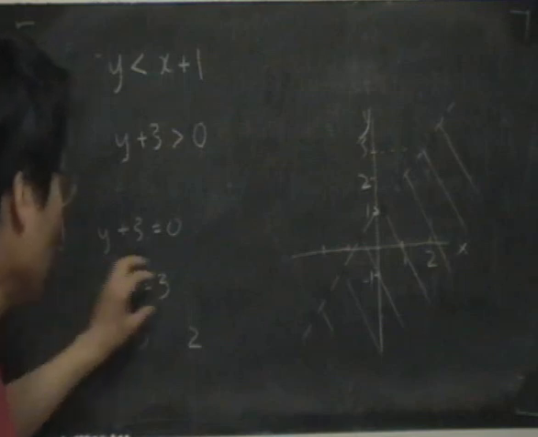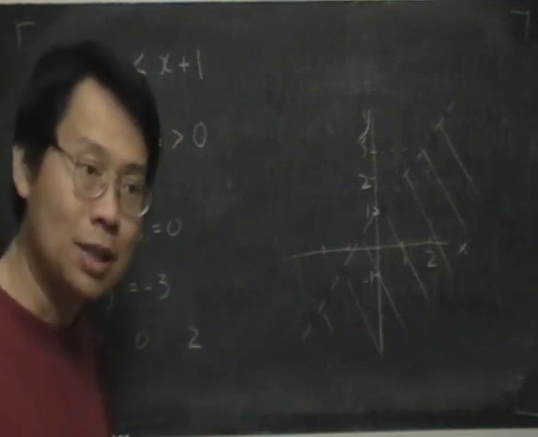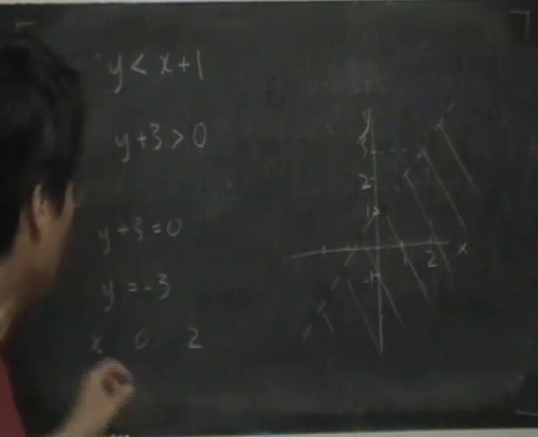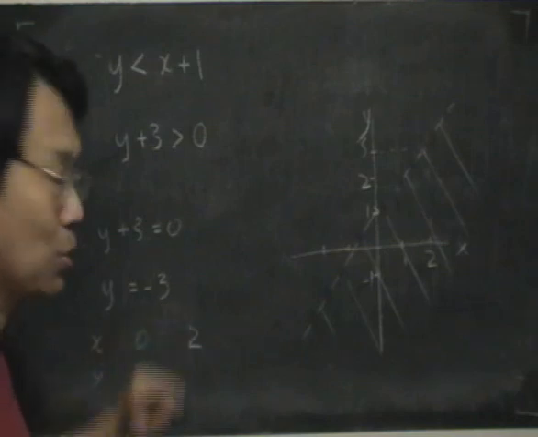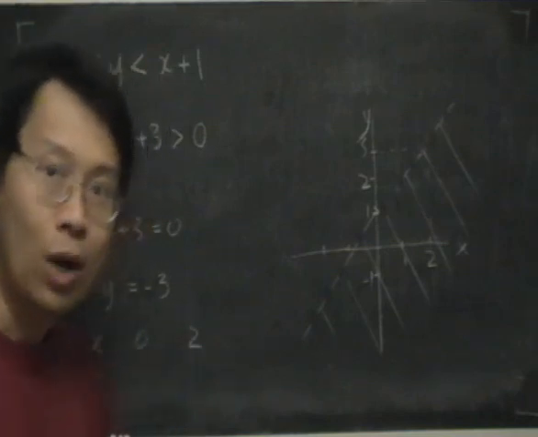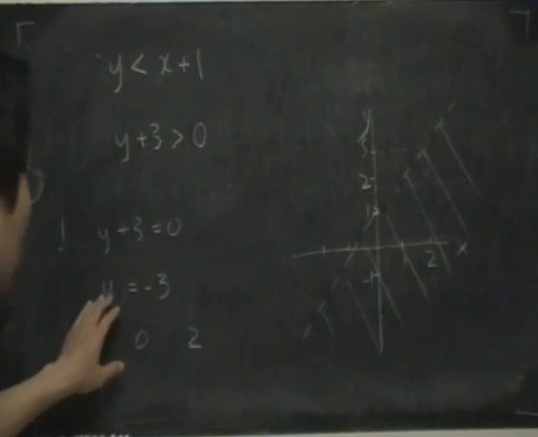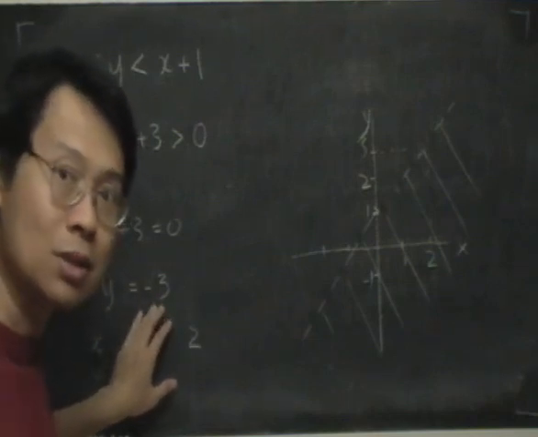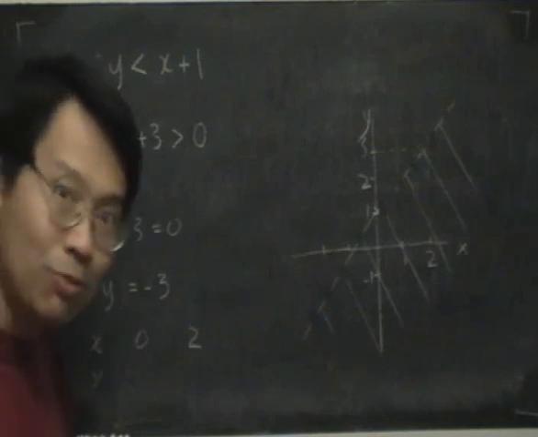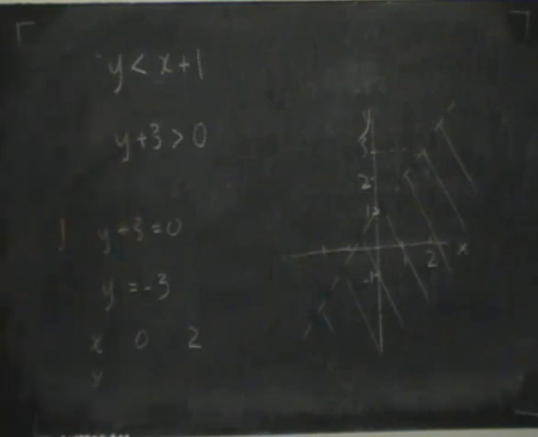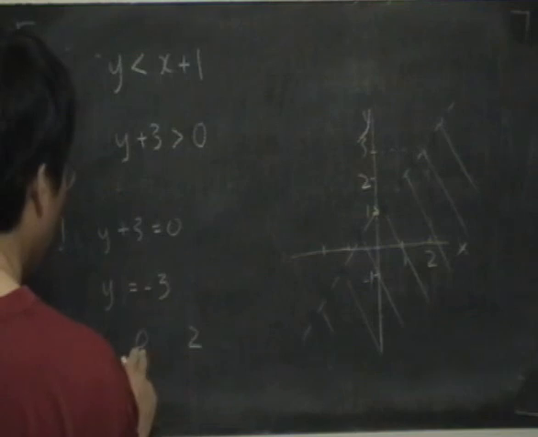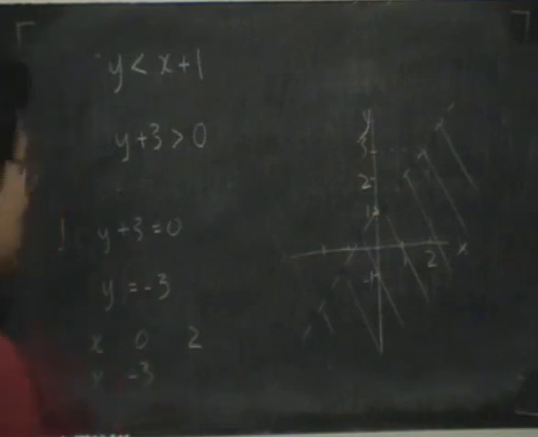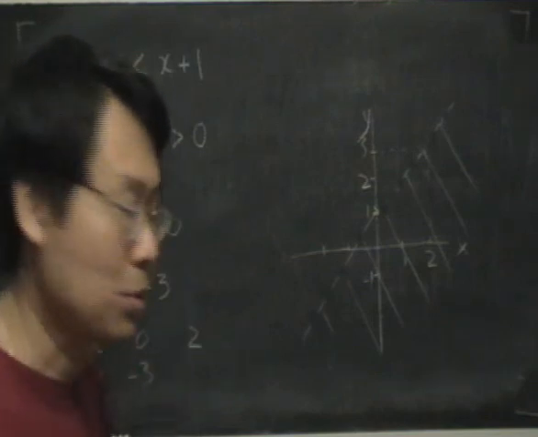Now if you look at this equation, you realize that we don't have to substitute x equal to 0 into the equation to find y, because the equation already tells us that y is equal to minus 3. We don't have to do any calculation at all. So when x is equal to 0, y is minus 3, and we know that without calculating.